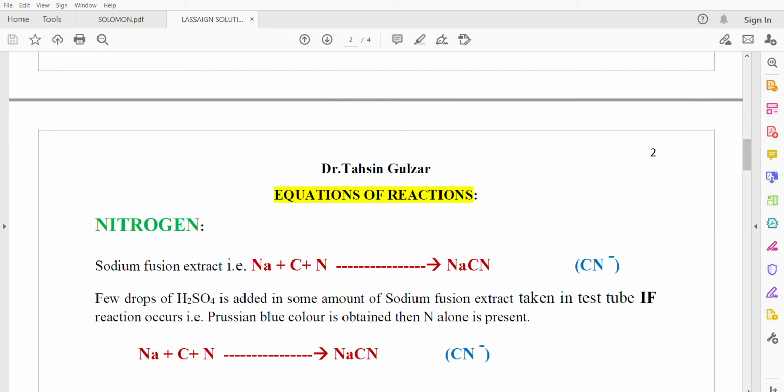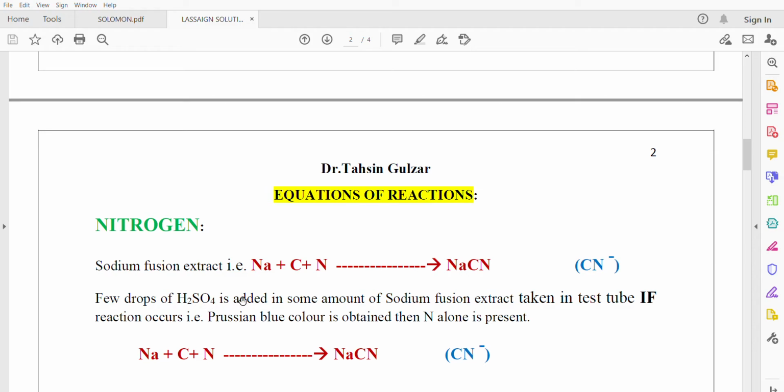Now, when you have the compound benzamide, you have to write how the Lassaigne solution is prepared. I have given you that above, and then you will write this for nitrogen: that you first made Lassaigne solution, 5 to 6 lines you have to write, and then you will write: organic compound plus a few drops of sulfuric acid.